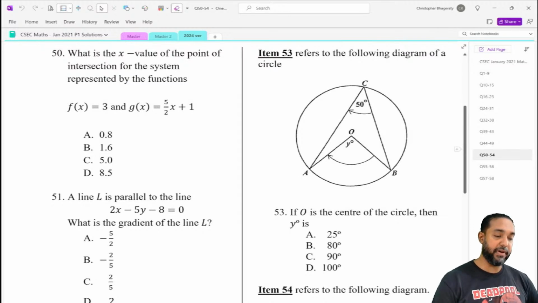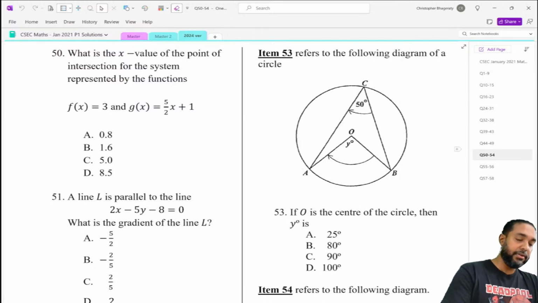Okay, what is the x value of the point of intersection for the system represented by the functions? Oh, Lord have mercy. So, long story short, to find a point of intersection, you just have to put them equal to each other. You have to solve simultaneously. So you have to let 5 over 2x plus 1 equal 3.